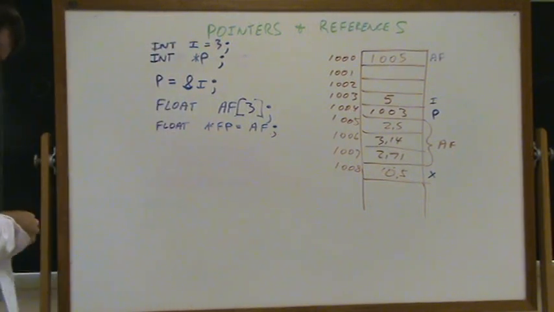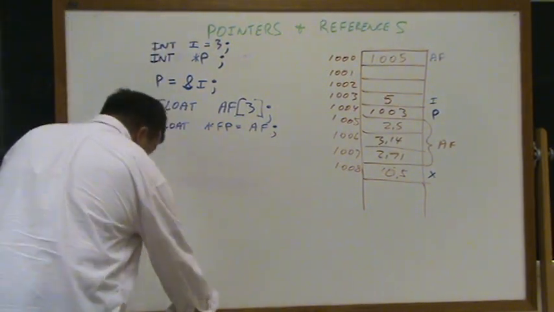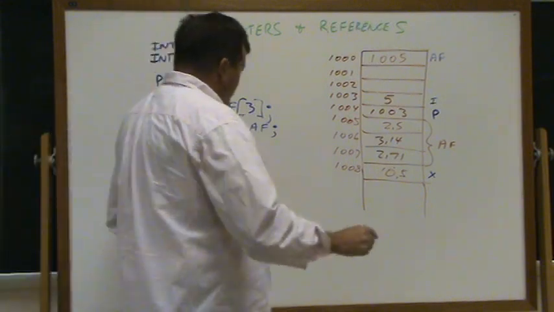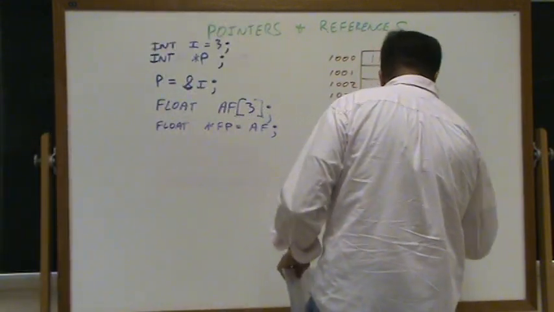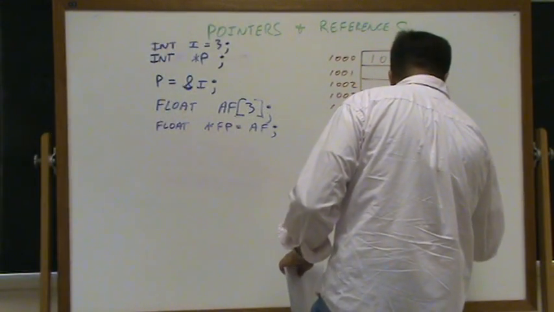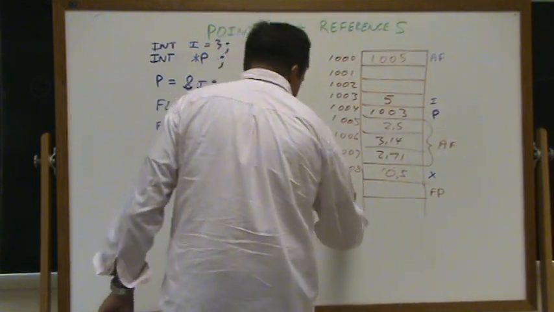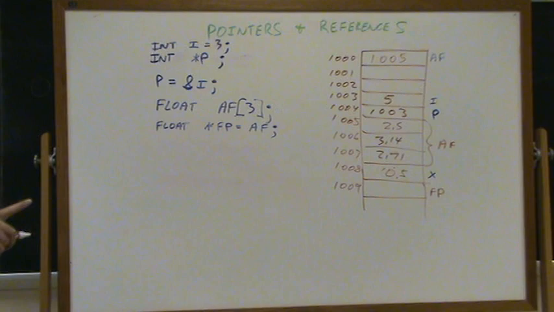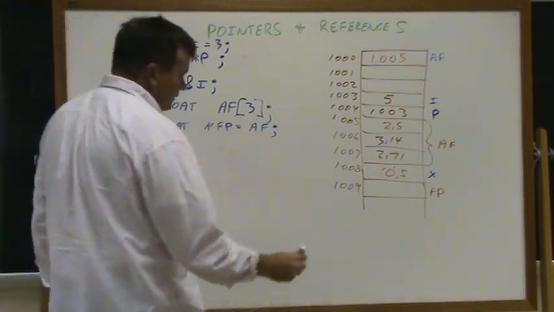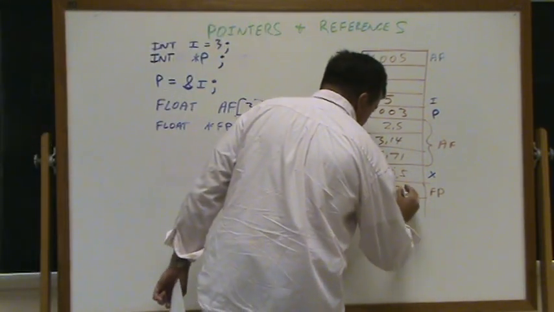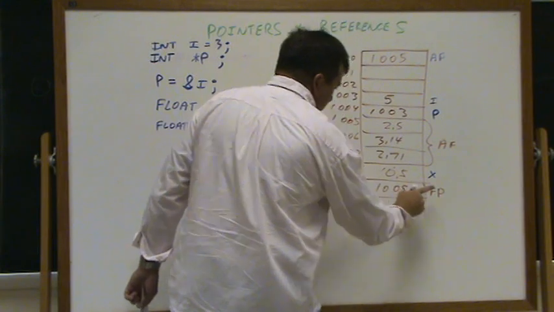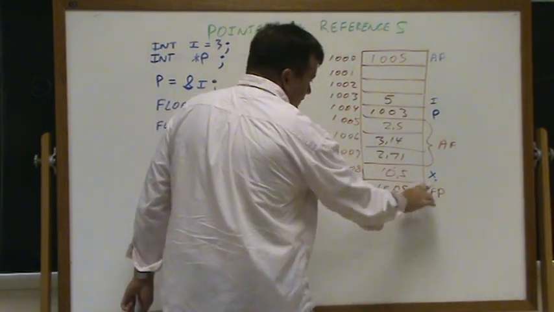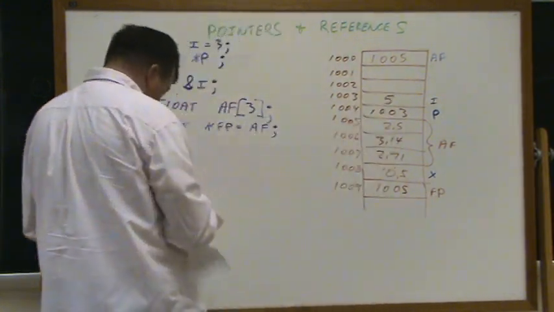Now what have I done? I've created a new piece of storage, which is a float pointer. Its contents is the beginning of the array. So this would also be 1005. So this is now a separate pointer, 1005.